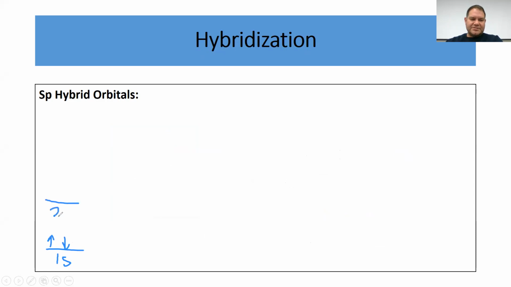Its 2s is filled, right? And then its 2p has two half-filled p orbitals and one empty one, okay? We know this.